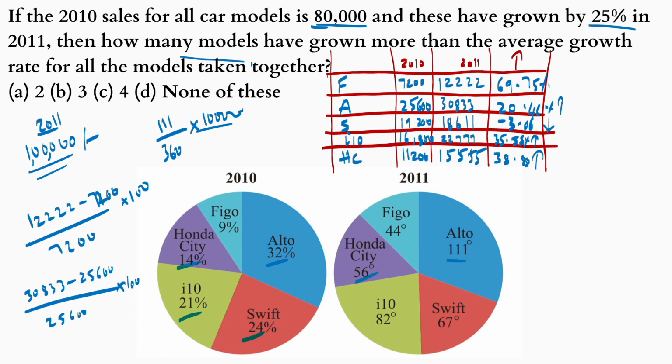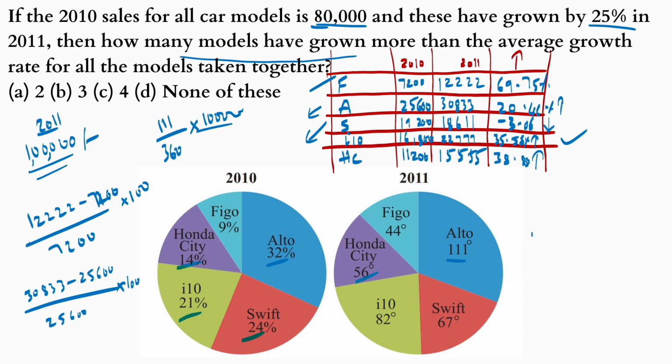So if we observe all this, the average growth rate is 25%, but we are asked to find out for how many models the growth rate is touching the average. So definitely Figo is more than 25%. Alto is not, it's less than 25%, and this one is less than 25%.